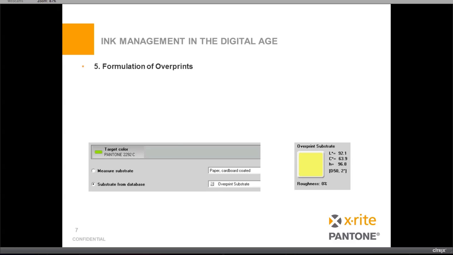Again, looking at the practical benefits of ink formulation, what is also possible is that I can now predict specific colours achievable without ever having to go to press. For example, this particular target colour green on the design may be originated to print over a specific yellow.